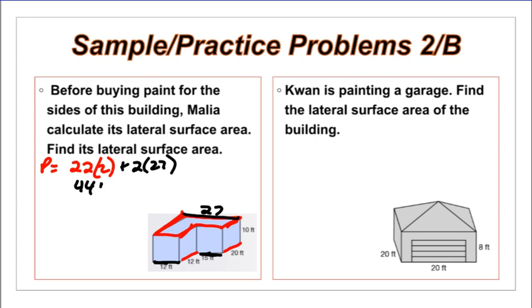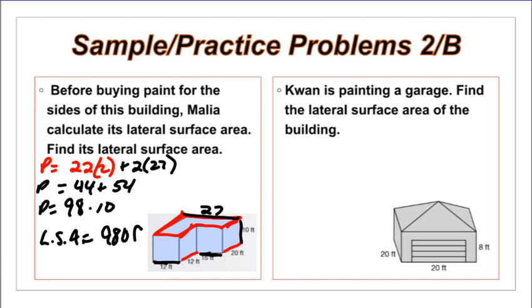So 44 plus 54 gives us a perimeter of 98. And then we take that times the height, which is 10, so we would have a lateral surface area of 980 square feet.